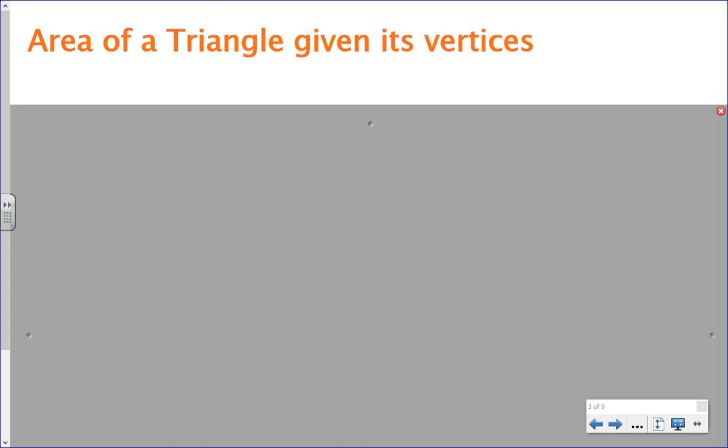One half base times height. Well, if you have a triangle that doesn't have a right angle, that one doesn't have a right angle.